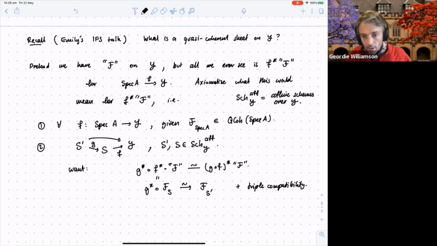Yeah, so you're right. So two people were complaining that I'm not allowed to write S like this, that it really depends on the map to our stack.